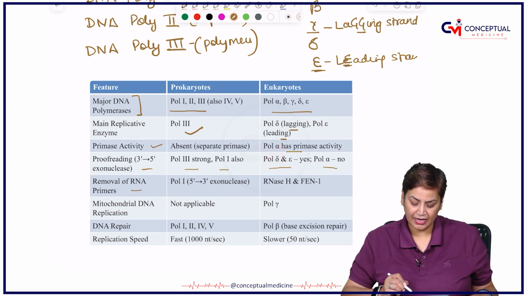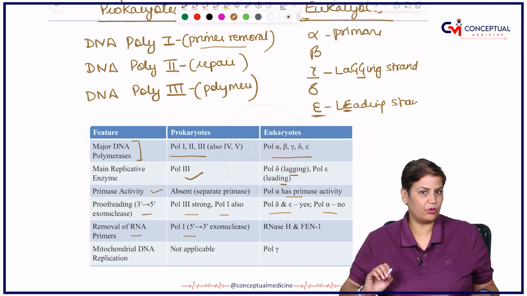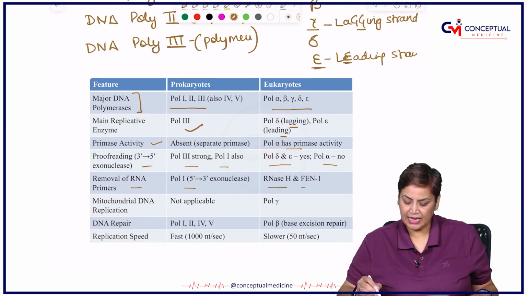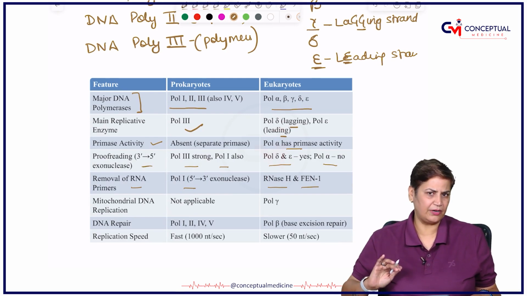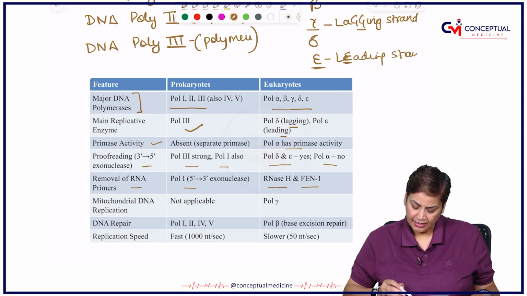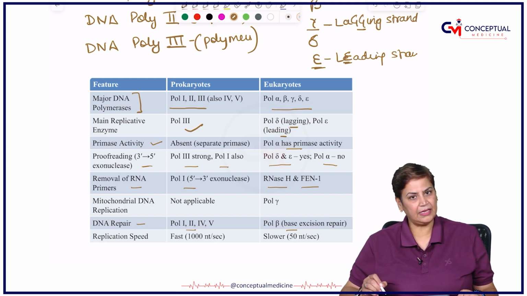Then removal of RNA, poly 1, as I told you here, poly 1 is required for primer removal. And here RNase H and FEN are the other ones which are required for this primer removal. Then this is mitochondrial, and if we talk about DNA repair, poly 1, 2, 4, 5, and here poly beta is there.